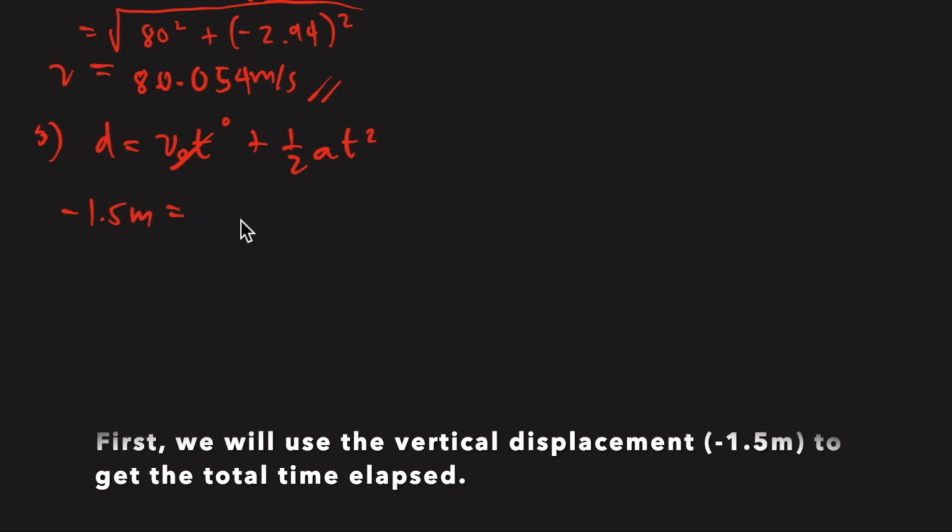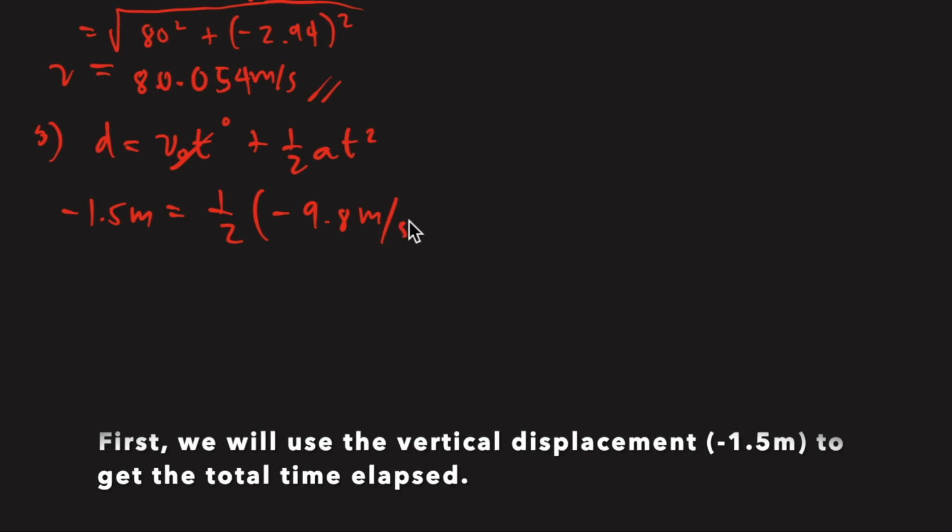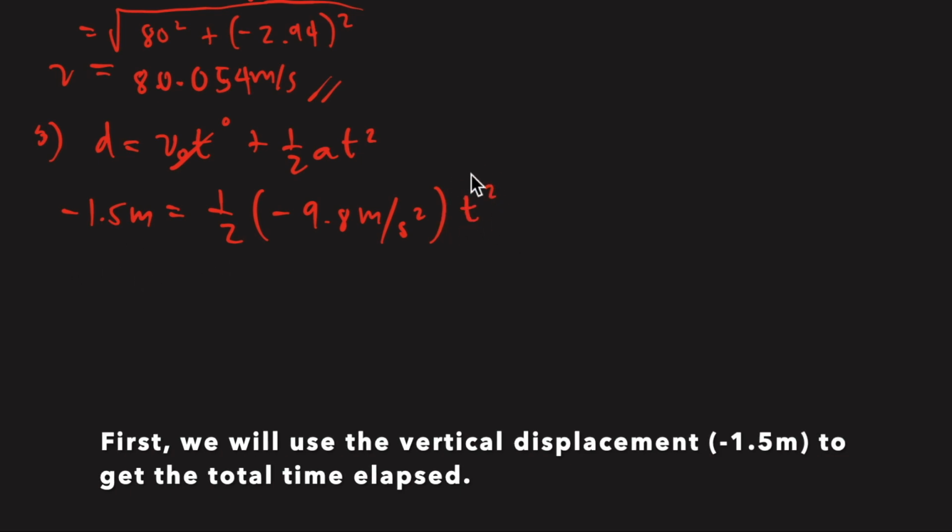So that is equal to 1/2 times negative 9.8 meters per second square times t square. We have to isolate t here.